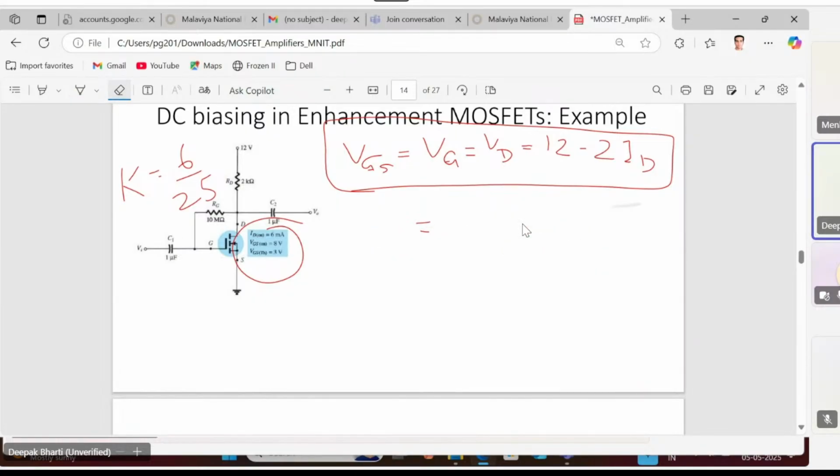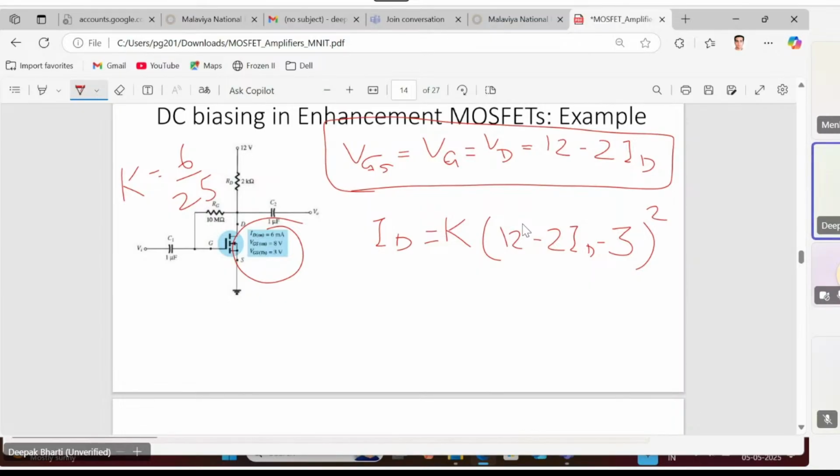Now write down the original current equation. That is ID is equal to K (VGS minus VT) squared. VGS is how much? 12 minus 2ID, minus VT. VT is how much? 3 volt.